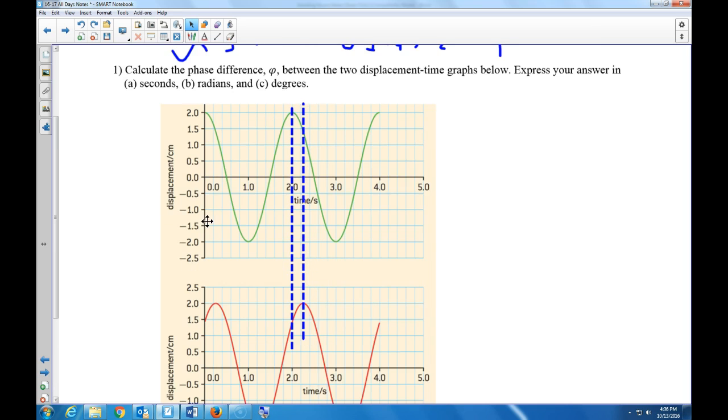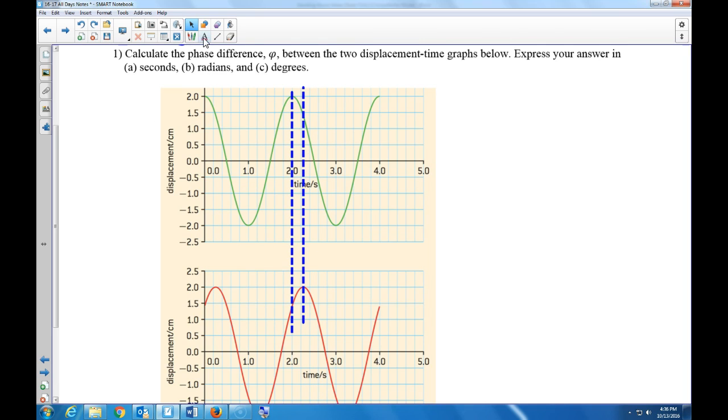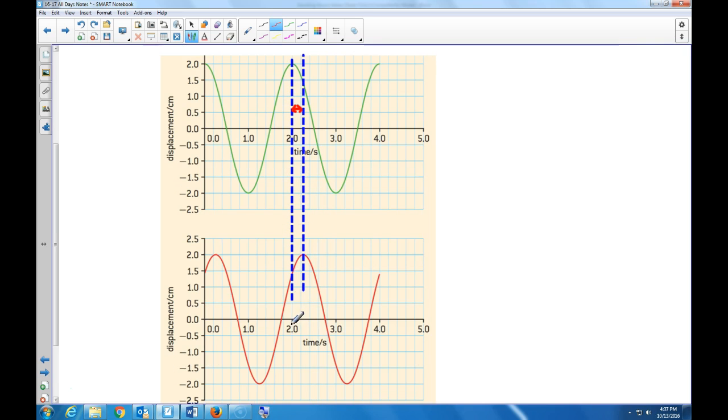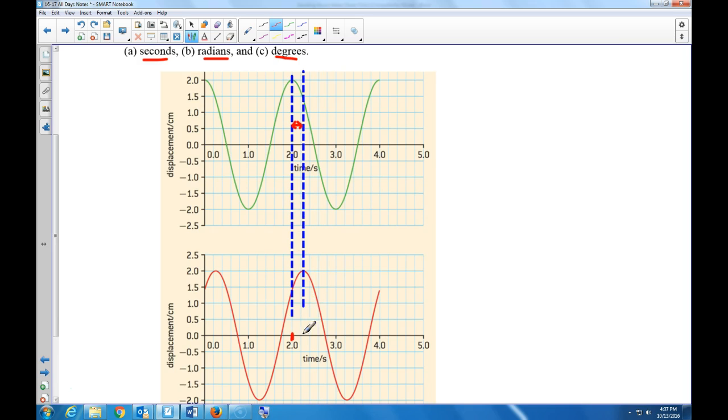So what's the amount of that shift? What is the phase shift? They ask us to calculate in seconds, radians, and degrees. So first, we look at seconds. What is this interval of time right here, just in pure seconds? Well, the first line is at 2 seconds. This line is, let's see, 2.2, 2.4, 2.6, 2.8, and then 3.